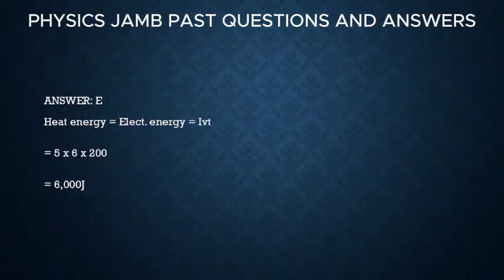The answer is E. Heat energy is the same thing as electric energy, which is the same thing as IVT, which is going to be 5 times 6 times 200, which is going to give us 6,000 joules.